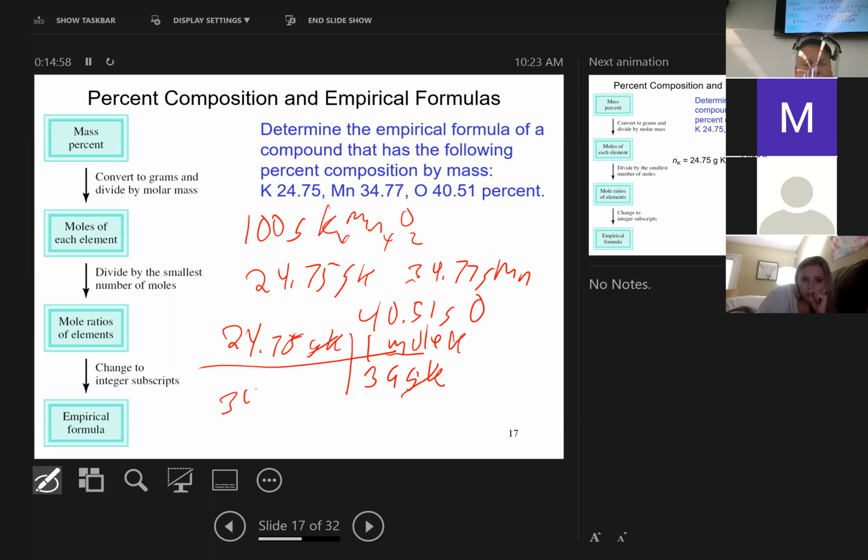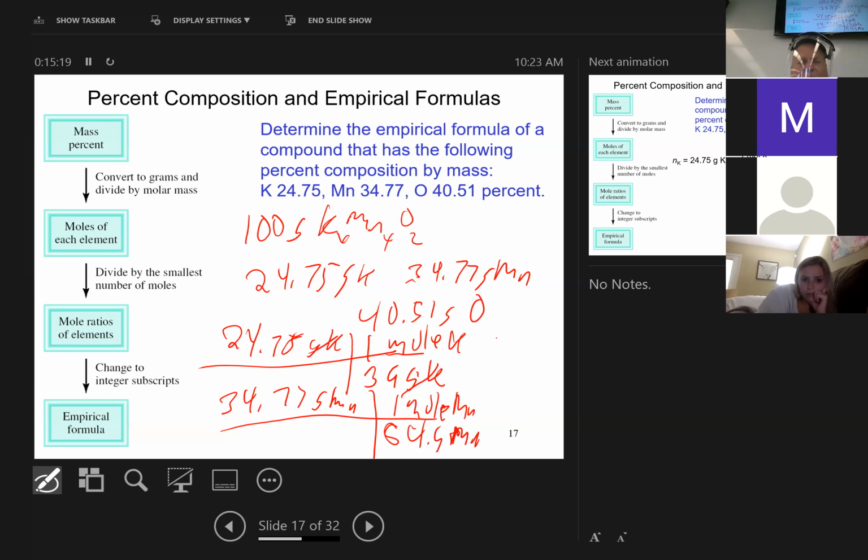Well, for manganese, you do the same thing. 34.77 grams of manganese, and then you draw the line in. Okay, look for manganese on the periodic table. It's 54.9 grams of manganese. That is moles of manganese.